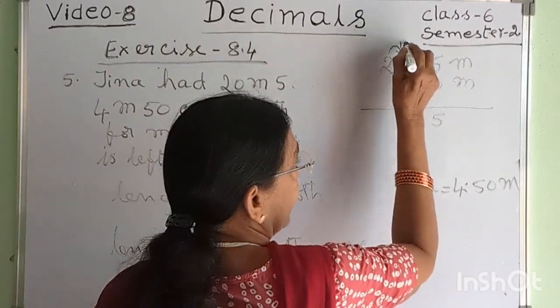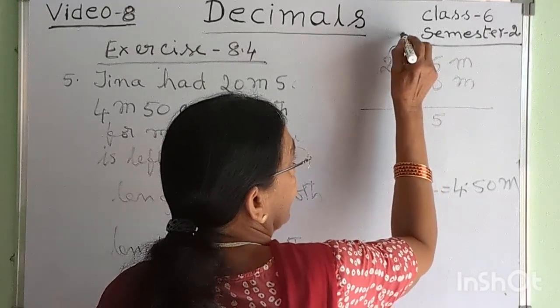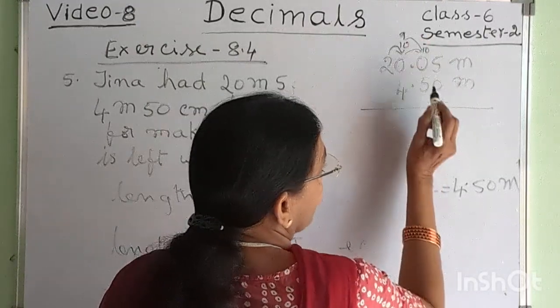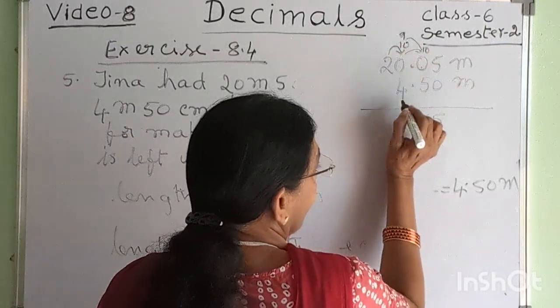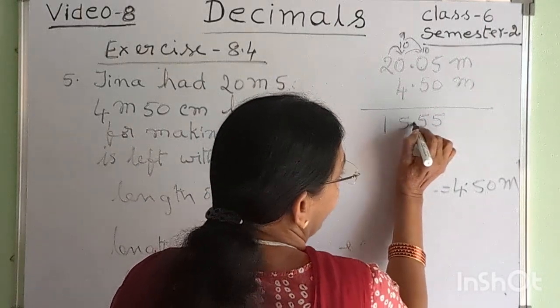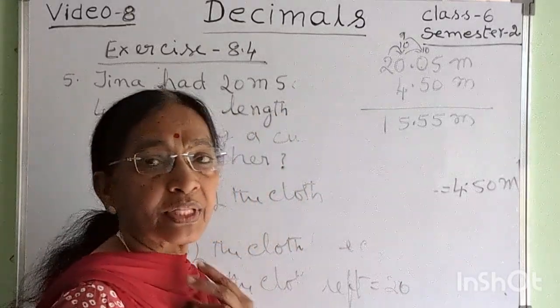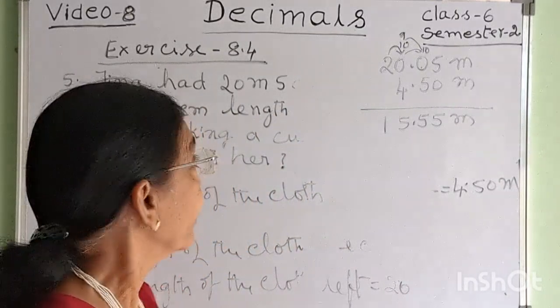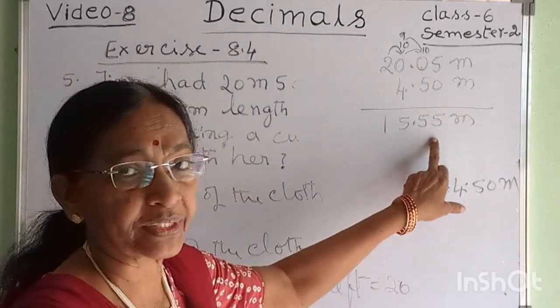It becomes 10. From 10 we take 1 here, it becomes 10, and 9 remains there. So 10 minus 5, 5. Here 9 remains. 9 minus 4, 5. Here 1 remains, 1. So 15.55 meters. The length of the remaining cloth with Tina is equal to 15.55 meters.